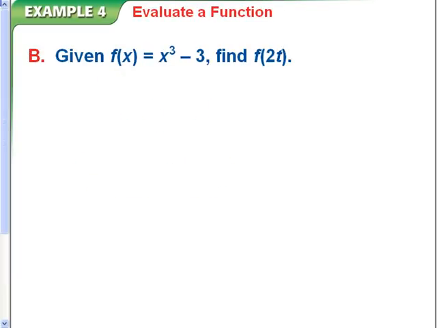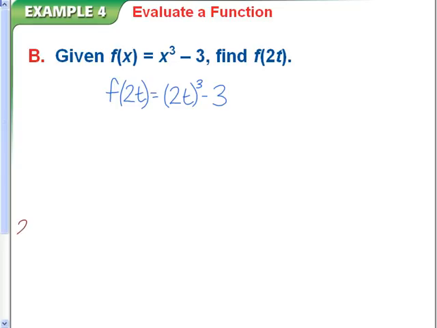Now when we evaluate functions, we can find f of a variable as well. So this time we're finding f of 2t. So we're going to replace all x's with 2t. Okay, so now we have to think about what does 2t cubed really mean.